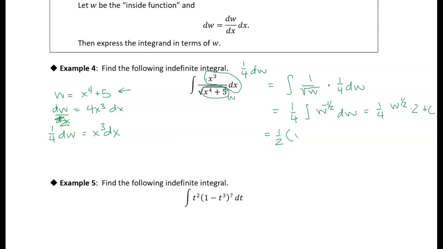So I'm going to have x to the 4th plus 5 to the 1/2, plus c. Okay, so that's my final answer: 1/2 times x to the 4th plus 5 to the 1/2 plus c. I could also write it as 1/2 square root of x to the 4th plus 5, plus c.